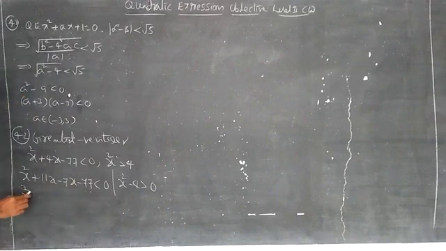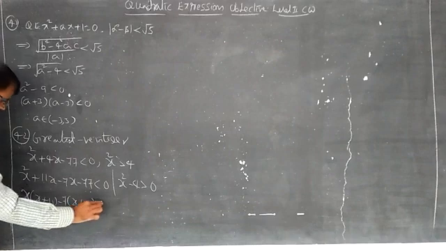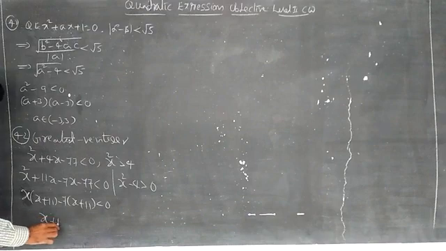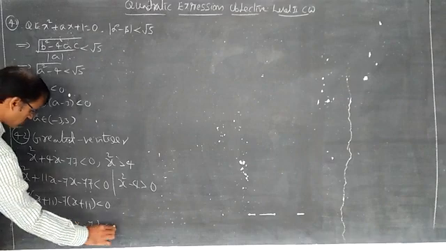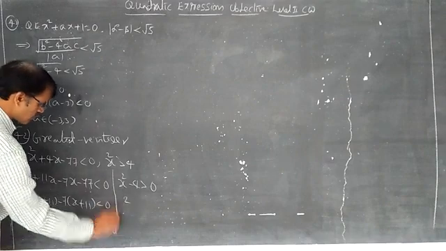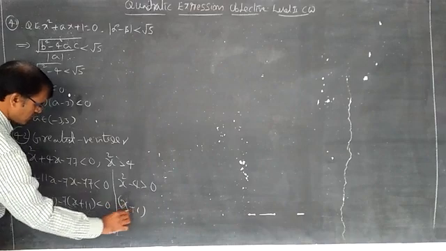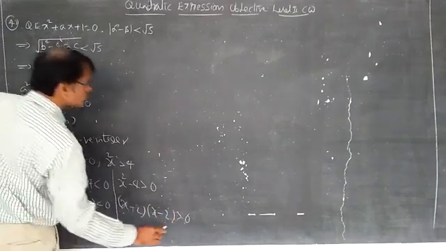Taking x common, it becomes x into x plus 11, and taking minus 7 common, it becomes minus 7 into x plus 11, less than 0. Therefore, we can write x plus 11 into x minus 7 less than 0. The other one we can write as x plus 2 into x minus 2 greater than 0.